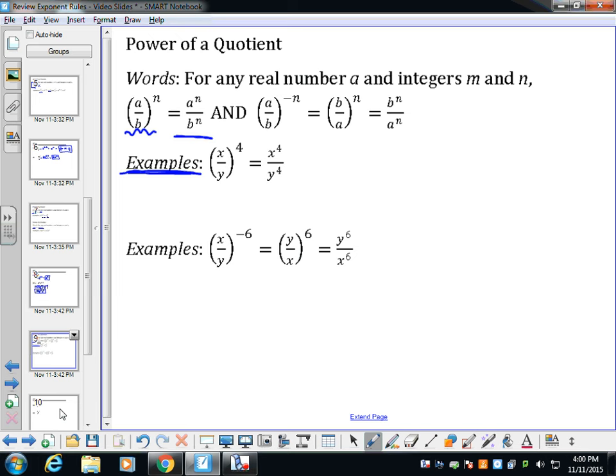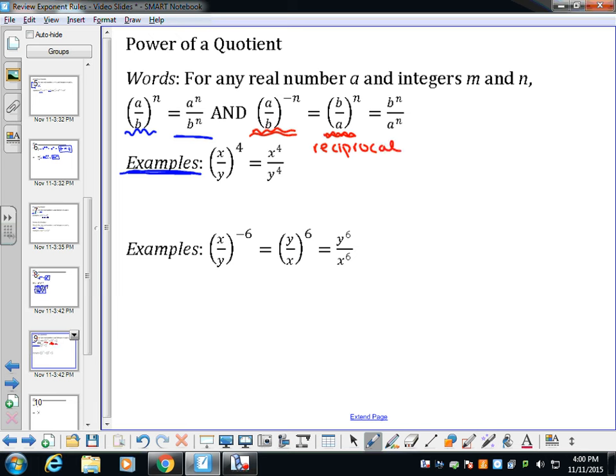Another way to use the power of the quotient is if I have a over b being raised to a negative exponent. Negative exponents are very hard to work with, so force it to become a positive exponent. We do that by taking the reciprocal of whatever's being raised to the exponent.